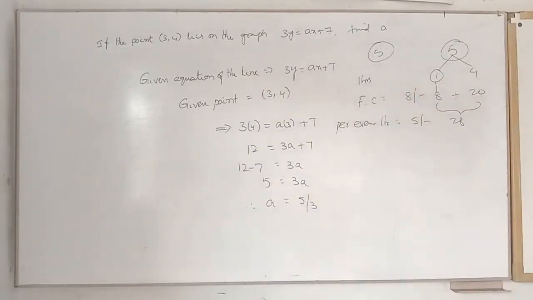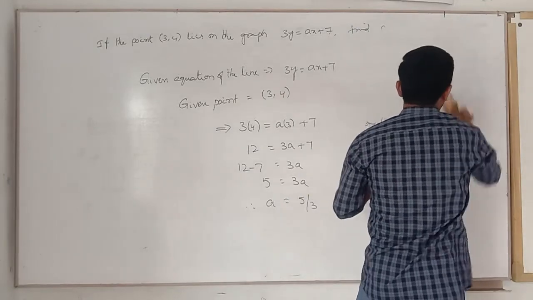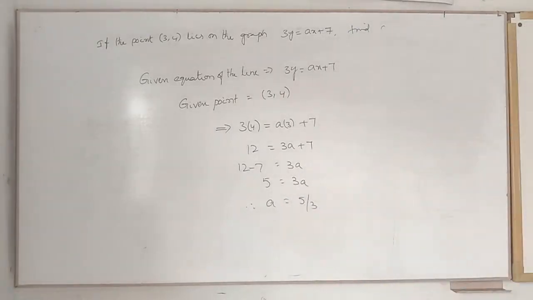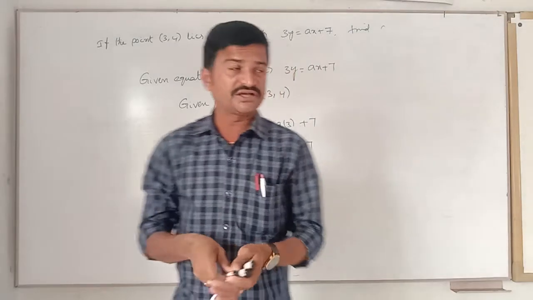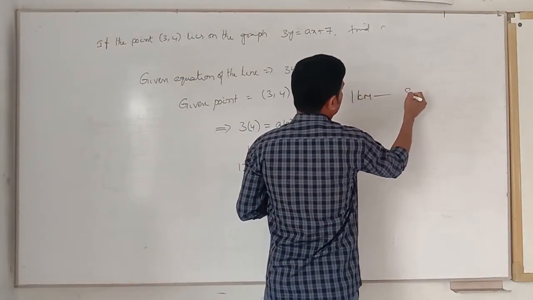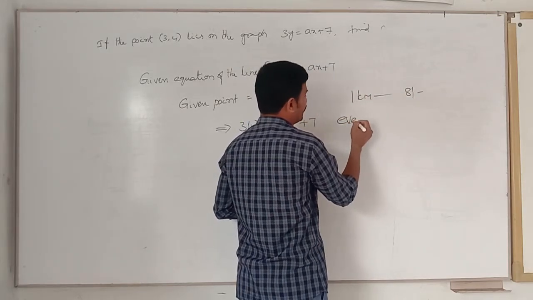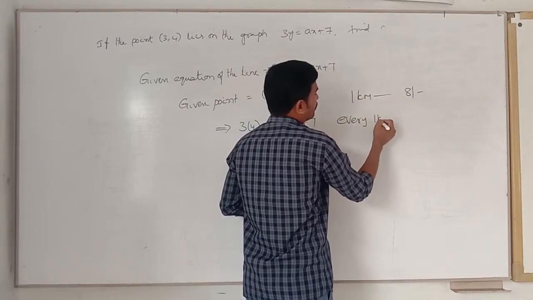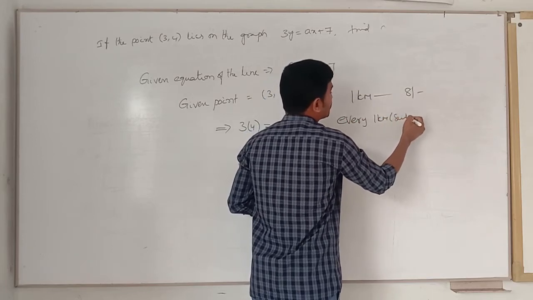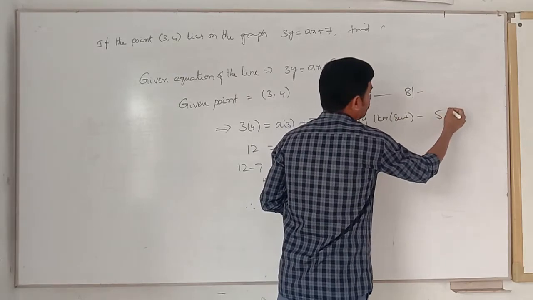Same question, I will ask you once more. As it is a taxi fare, for the first 1 kilometer we have to pay 8 rupees, and for every 1 km after that, after completion of 1 kilometer, we have to pay 5 rupees.